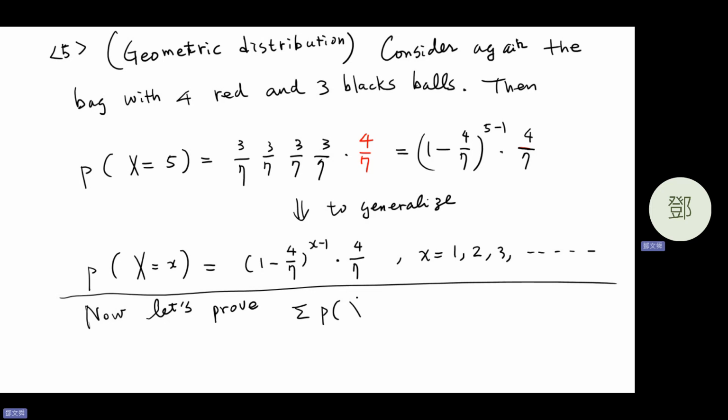The total probability is 1. The sum of X from 1 to infinity of the probability X equal x.